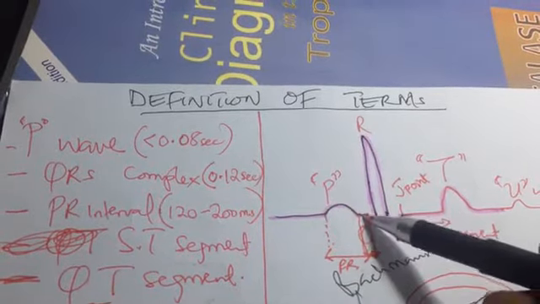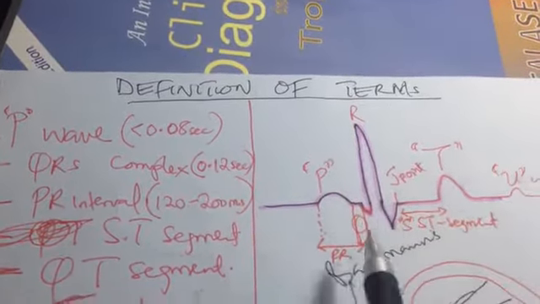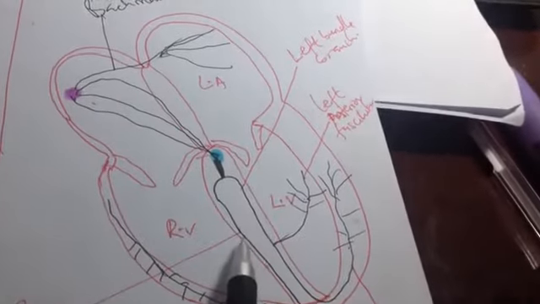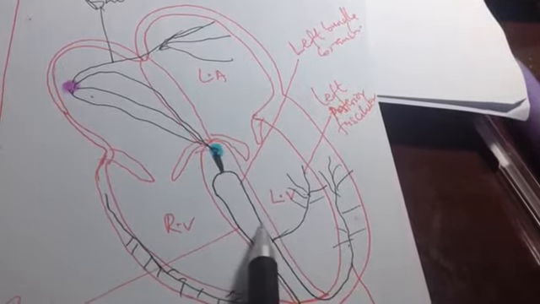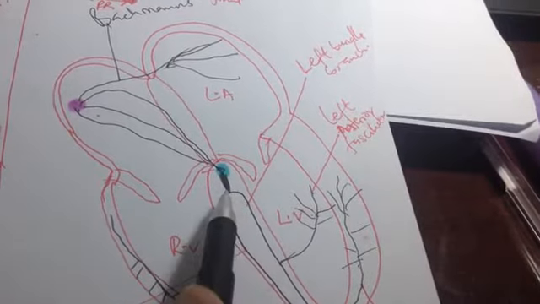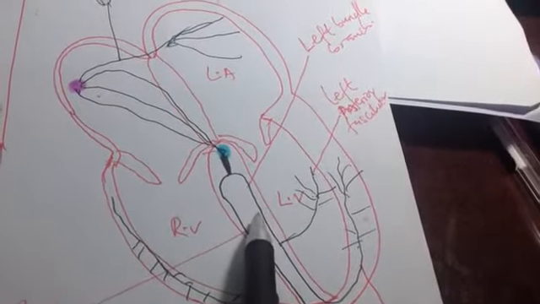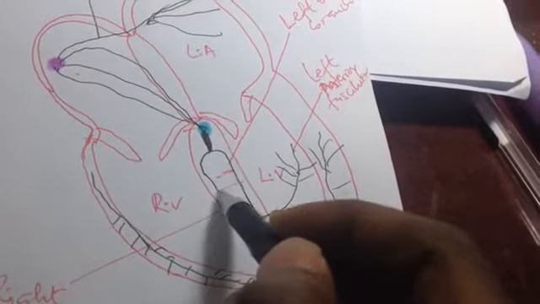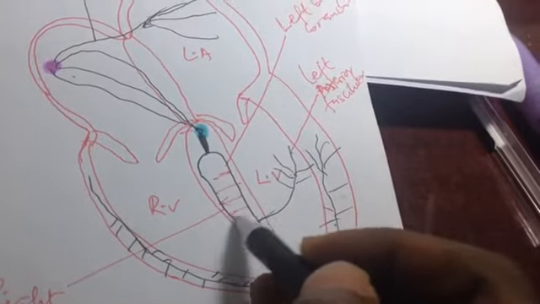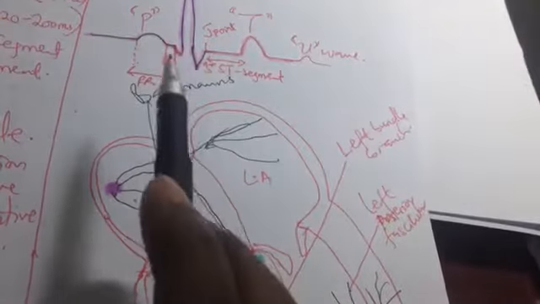This is the Q. As we have already known, this is the right bundle branch and this is the left bundle branch. This Q actually refers to the depolarization of the septum. As we have already known, the septum is not depolarized from top to bottom, but from left to right, in this direction, producing this Q wave.